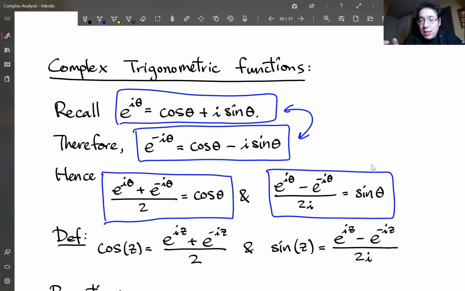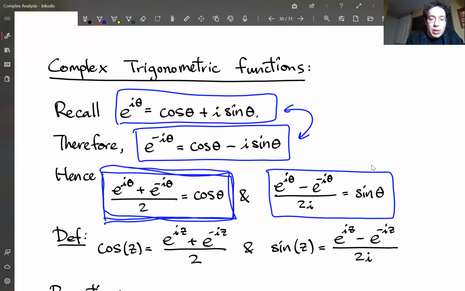And the key thing to notice here is that when you look at this equation, let's say for cosine, for example, the right-hand side of the equation makes sense to plug in any complex value for theta, because e to the complex number already makes sense. That's the exponential function that we know and love.